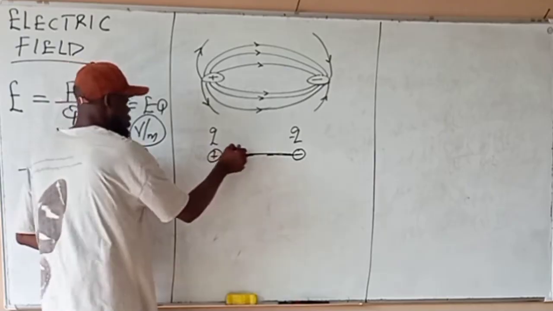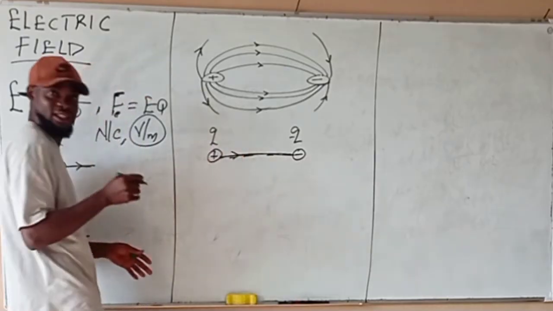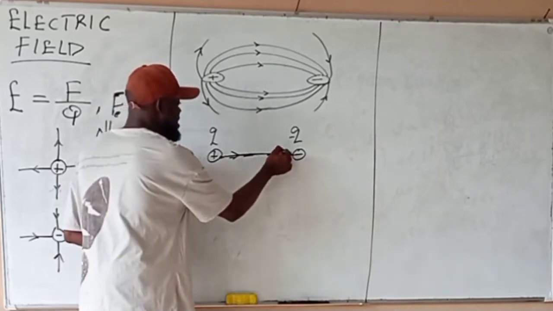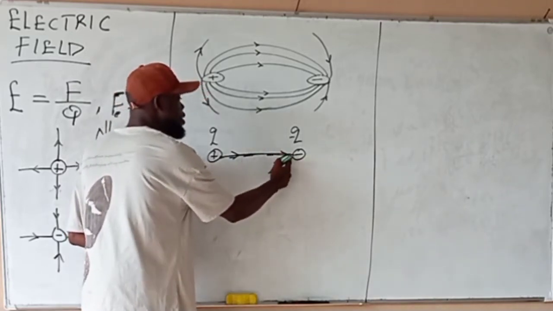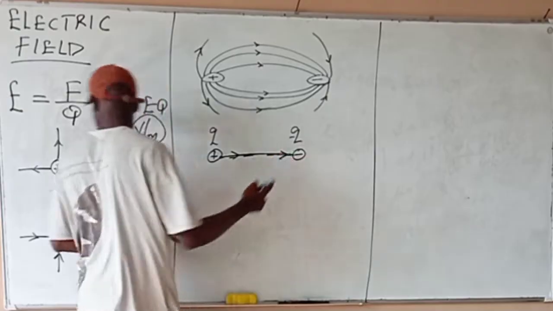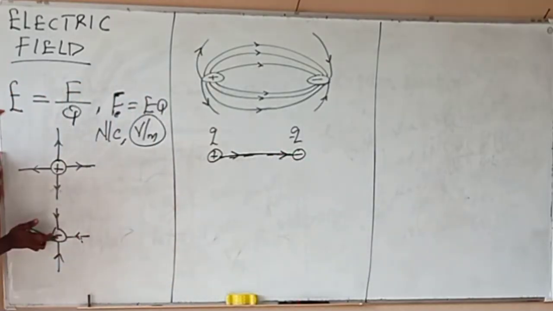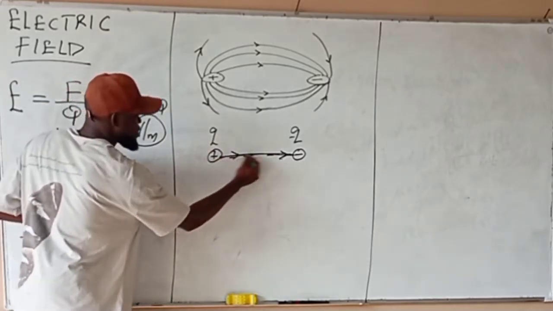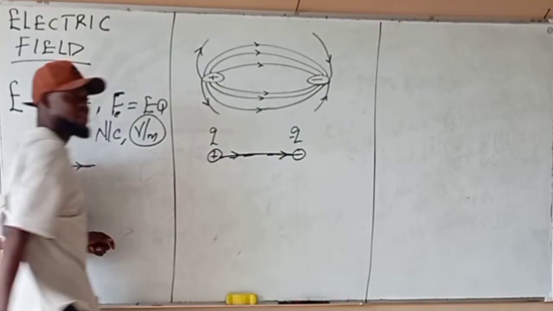The direction will be outward. What about the electric field from this one? The direction will be inward. Why is it inward? Because electric field lines will always be directed towards the negative charge and away from the positive charge. So it's leaving the positive charge and entering the negative charge.